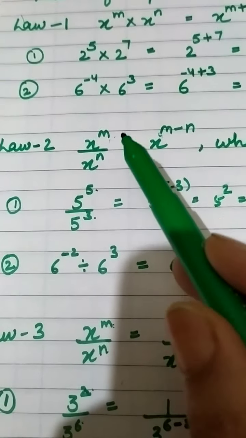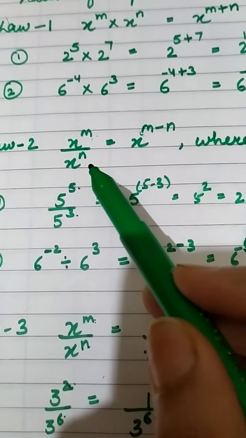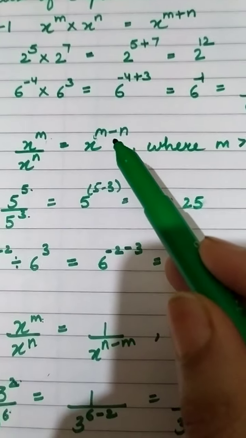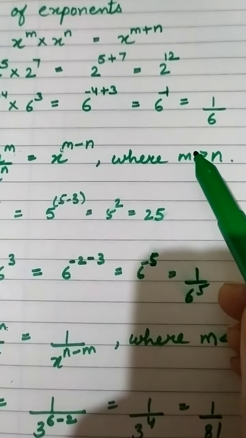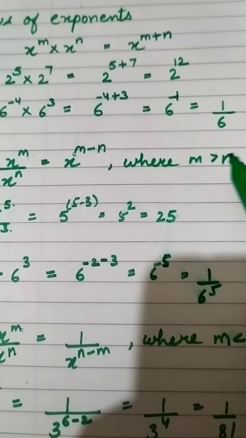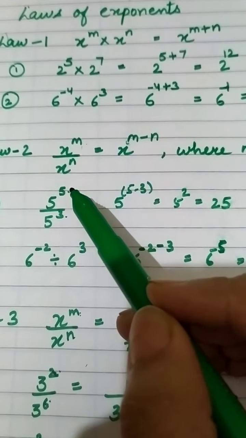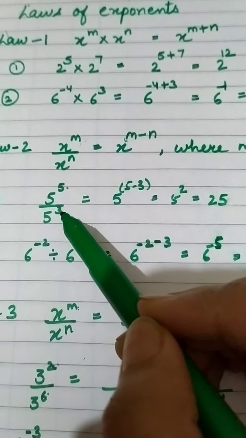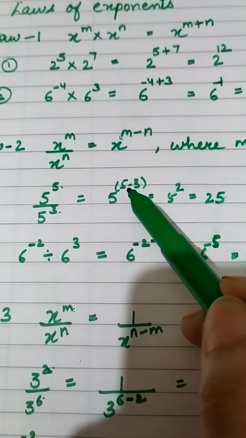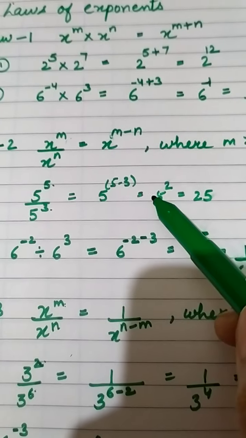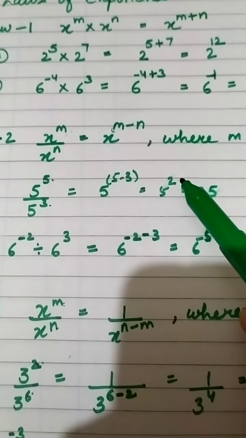Now comes law 2. If the powers are in division form, then we subtract them, provided m is greater than n. For example, 5 raised to the power 5 is m and this is n, so we subtract: 5 minus 3 is 2, so 5 raised to the power 2.